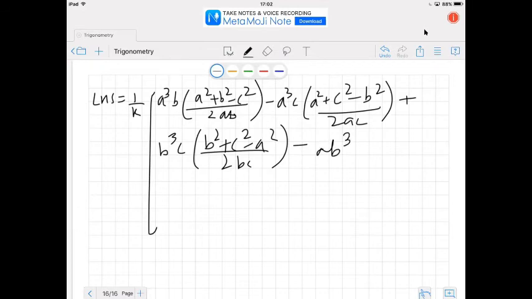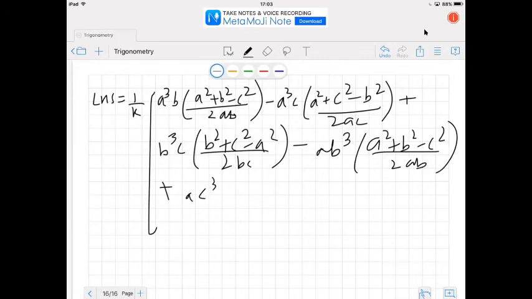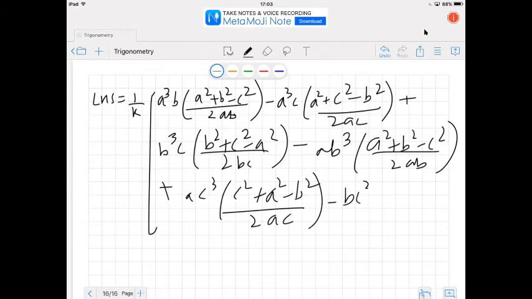minus a b cube and a square plus b square minus c square upon 2ab, and I have a c cube over here, c square plus a square minus b square upon 2ac minus b c cube multiplied by b square plus c square minus a square divided by 2bc.